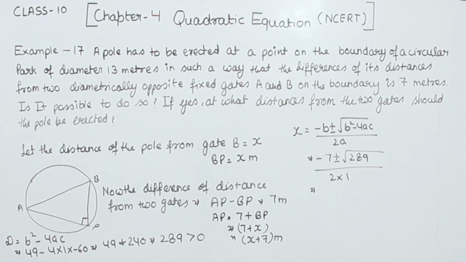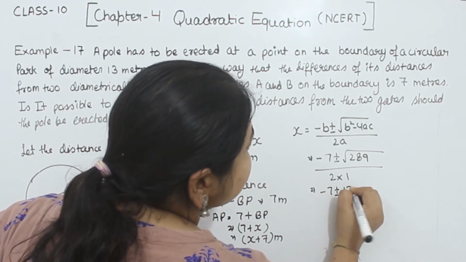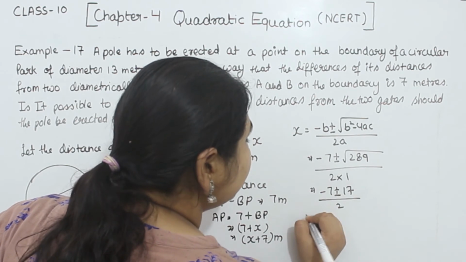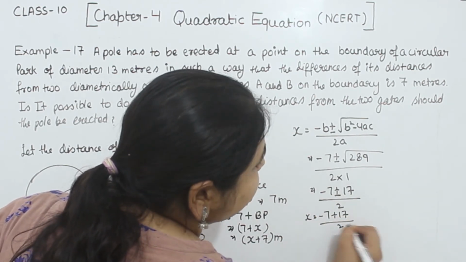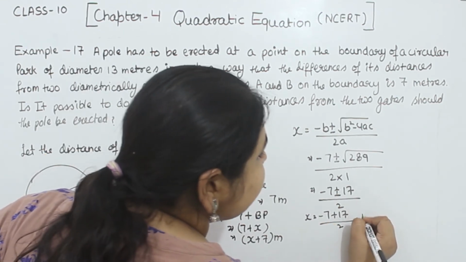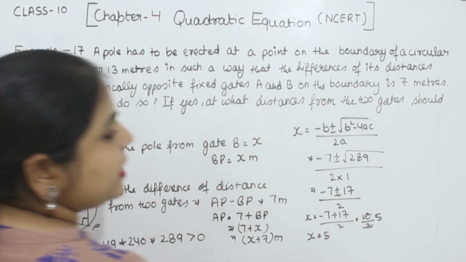The square root of 289 is 17. So x equals minus 7 plus or minus 17 divided by 2. The first value is minus 7 plus 17 divided by 2, which is 10 by 2, so x equals 5.